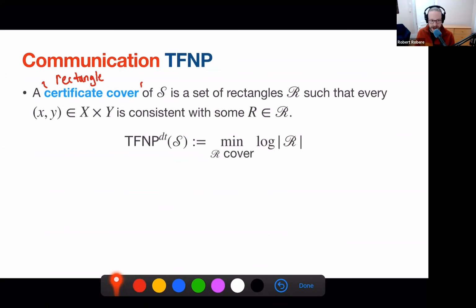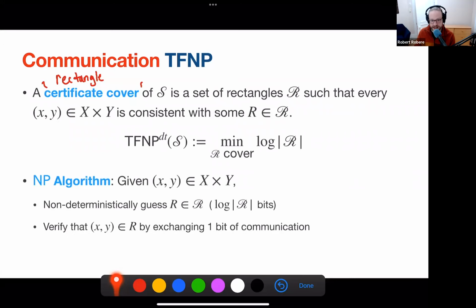Now Alice and Bob will non-deterministically guess some rectangle that's consistent with an output, and then they can communicate one bit back and forth to verify that they're inside of that rectangle. So once again, we have a natural NP algorithm where given X and Y, they non-deterministically guess some rectangle, and then they verify that (X, Y) is in R by exchanging one bit of communication.